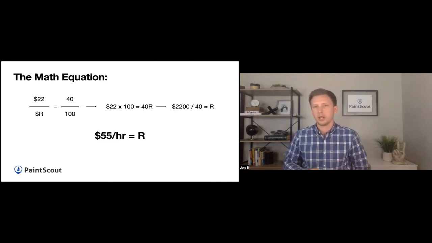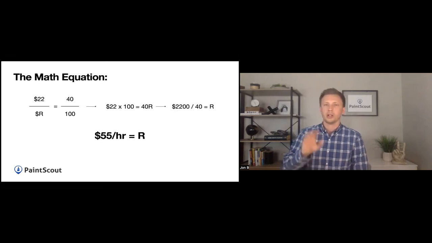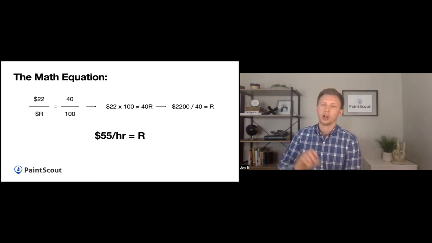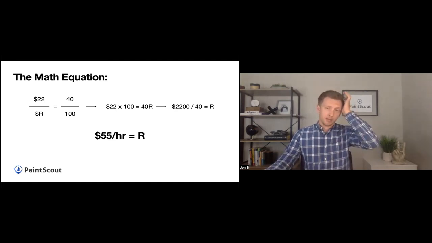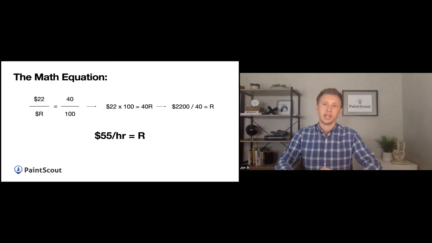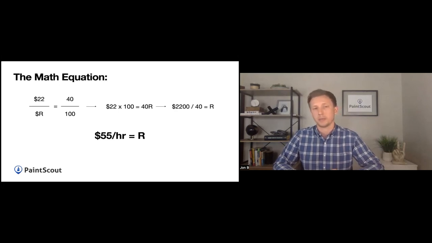I'd suggest, if you don't intend to actually watch this whole webinar again, take a quick screenshot of this, because this is a good chance for you to quickly back check whether you're operating at an industry standard level. So again, this number is not to say that you can't charge more than this, but what we're trying to achieve today is give you a baseline understanding of what you need to charge to make money.